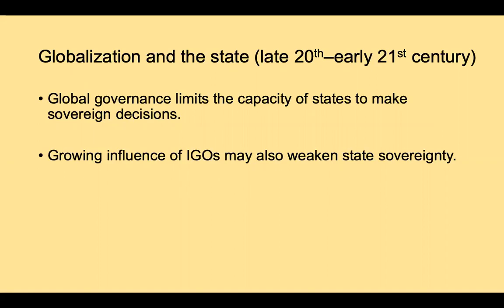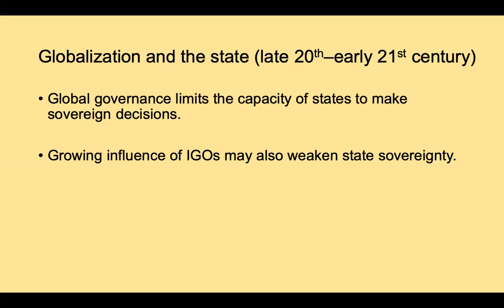Also, there's the issue of the growing influence of IGOs that weaken state sovereignty. IGOs are international governmental organizations. These are entities that don't necessarily adhere to the boundaries of sovereignty or territoriality. By definition, they extend across borders and they represent, in some sense, a counterbalance to state power, precisely because of that lack of sovereignty and territoriality.